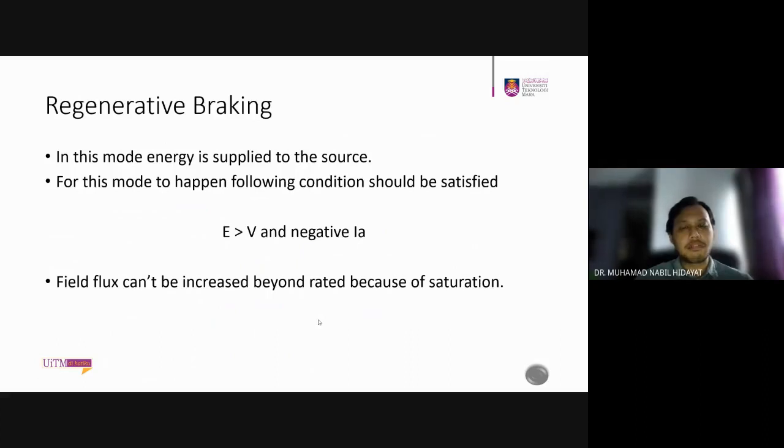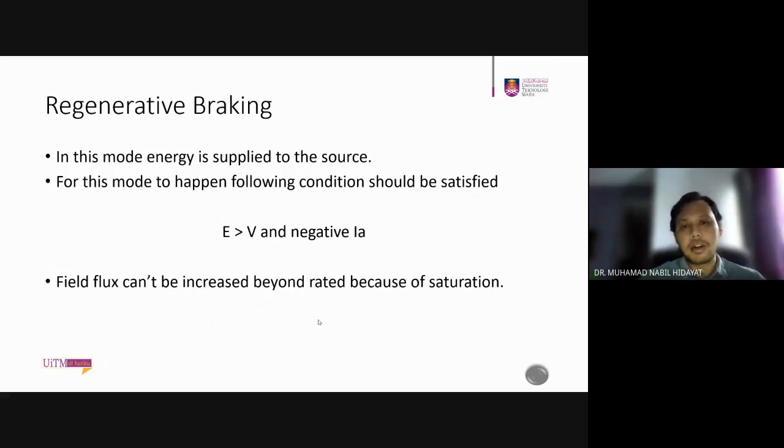The armature voltage must be higher than the supply voltage. Your current can also be negative, negative IA.